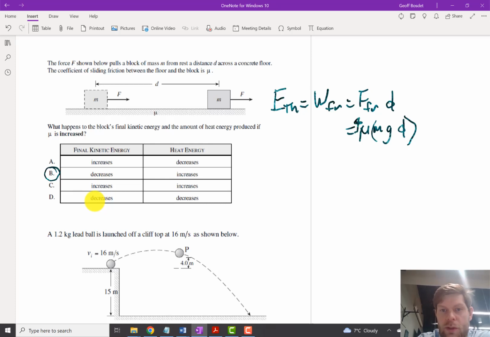This went up, so your thermal energy's gone up. If your thermal energy's gone up, it must come from somewhere, and the only other place is kinetic. You've got heat here and you've got kinetic energy. If at the end you've got more heat energy, you must have less kinetic energy. Also, it would have done more negative work on the thing and reduced its energy.